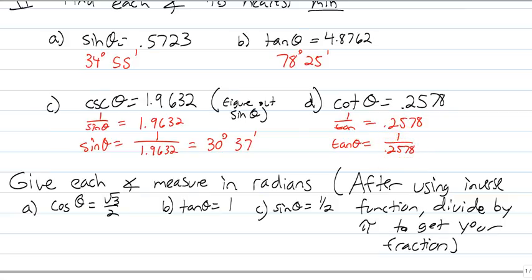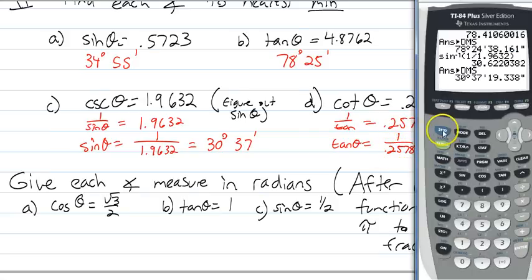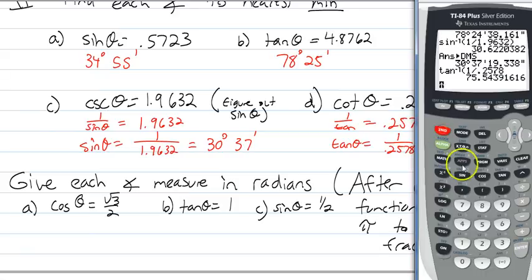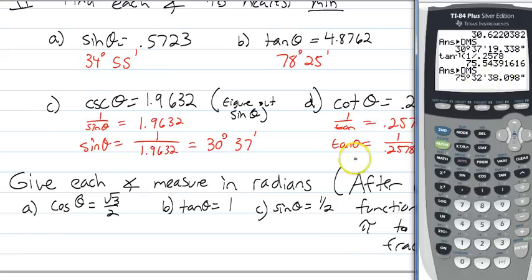So now we can put that into our calculator. Second tangent inverse of 1 divided by 0.2578. And then we hit second angle 4, and we get 75 degrees. Look at the rounding. This does round up. 75 degrees, 33 minutes.